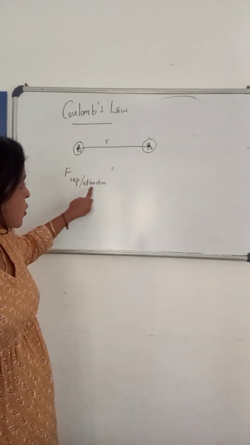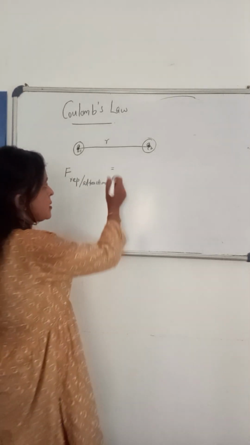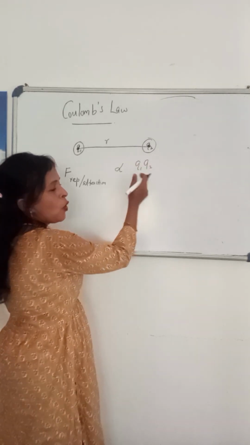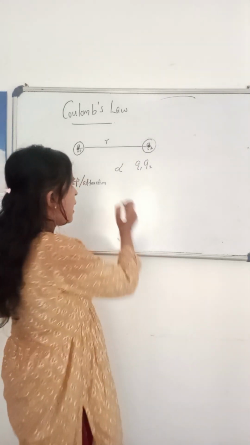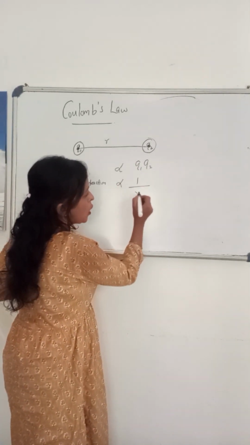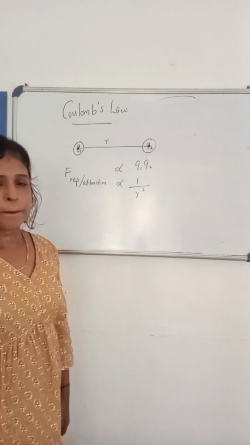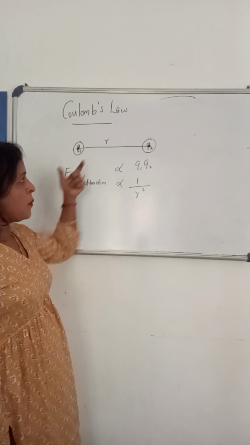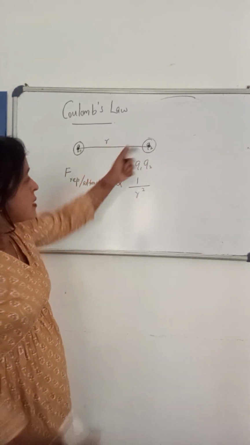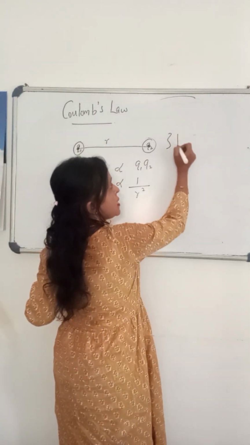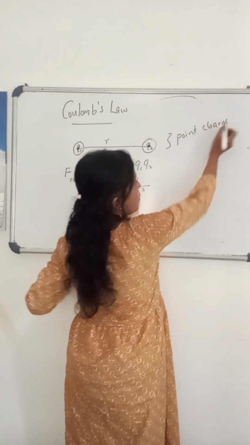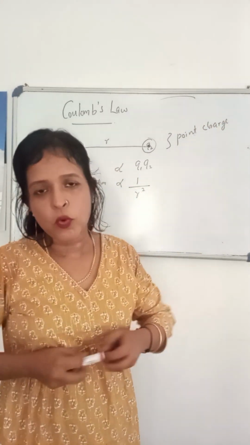So the force of repulsion or attraction between the two charges is proportional to the product of the charges and inversely proportional to the square of the distance between the charges. This is the law, for point charges. What is a point charge or point body?